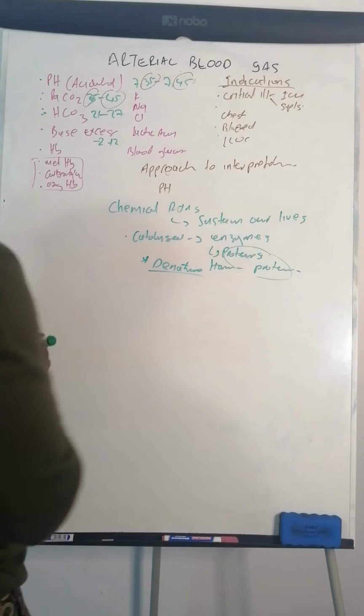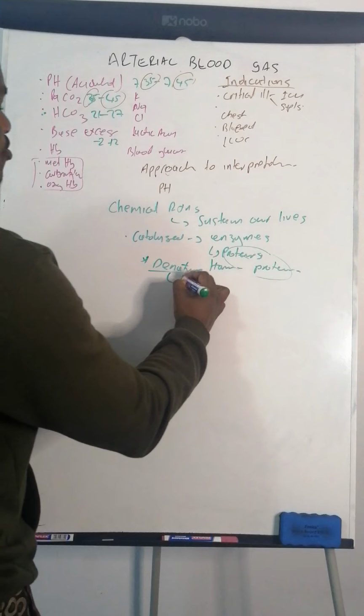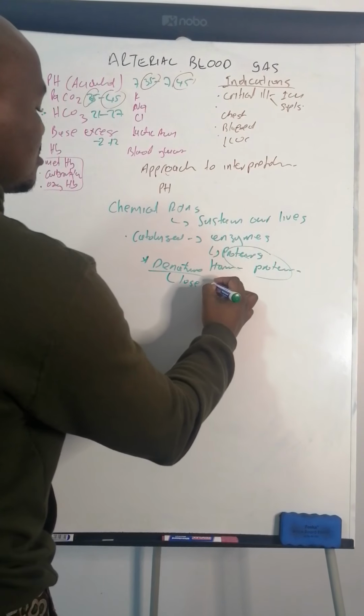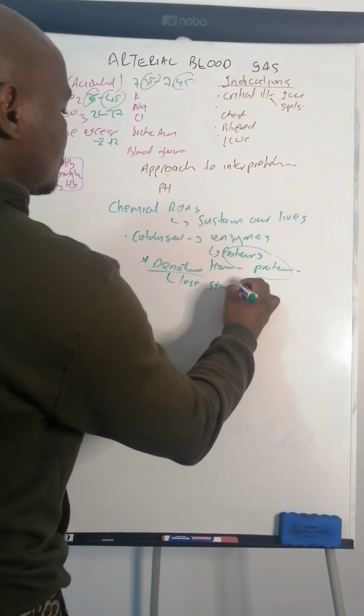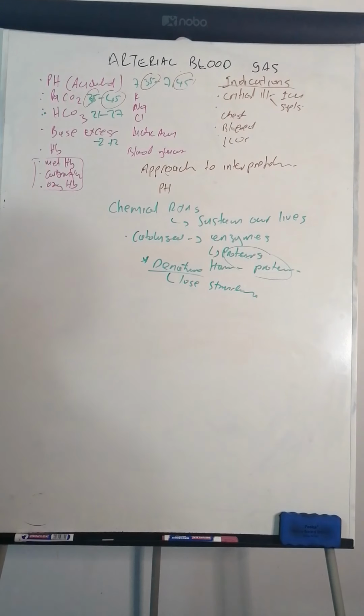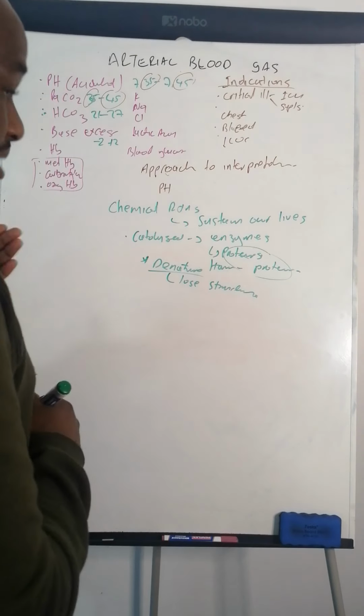Proteins denature, which means to denature is to lose their structure. And once they lose their structure, they can't function. And if you have got proteins that have denatured, and these are the very same proteins that are meant to sustain life, patients will die.